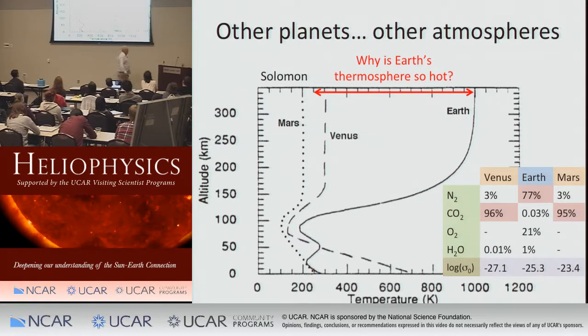So how does the story change? Well, you can see here, just plotted as temperature, the temperatures aren't vastly different. One of the lessons here: Venus, if you get down to the ground, is vastly different. But in this region, Venus's temperature up in the atmosphere is not that different from that of the Earth or Mars.